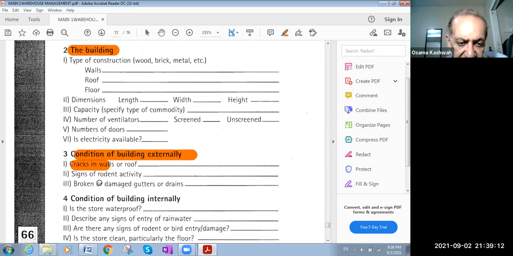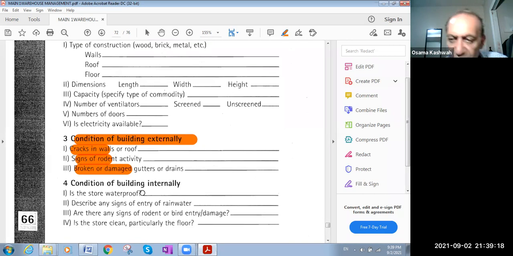Are there cracks in the walls, signs of rodent activities, broken or damaged gutters? We make sure, like we said, if there are cracks in the wall, that means insects will come inside and we need pest control. All those points are very important because they give me an impression about the status of the warehouse.